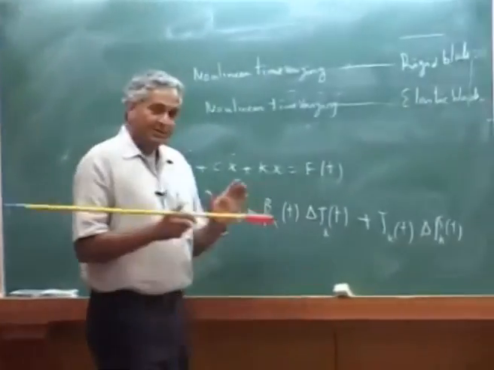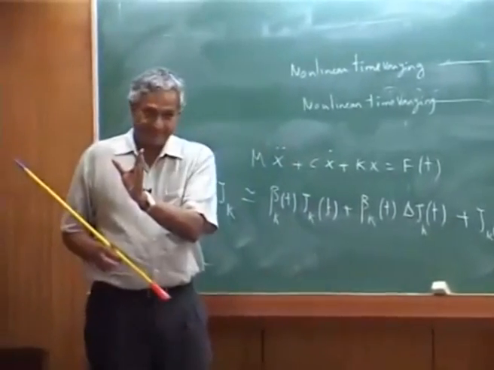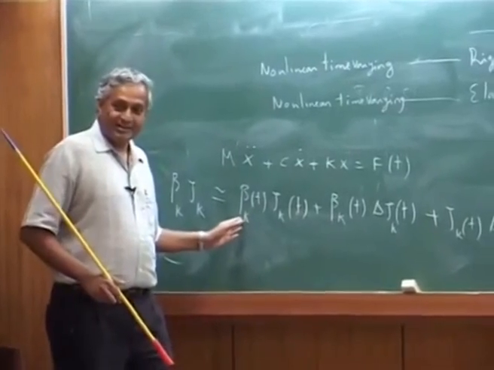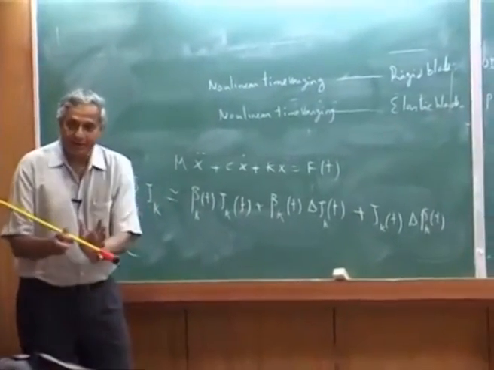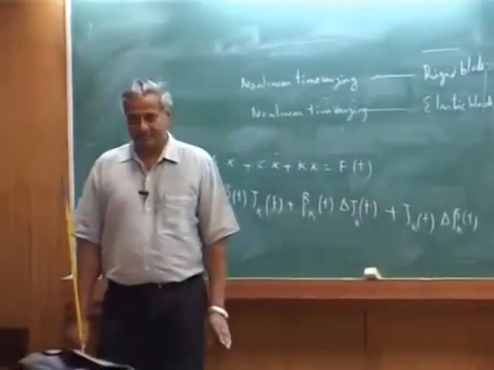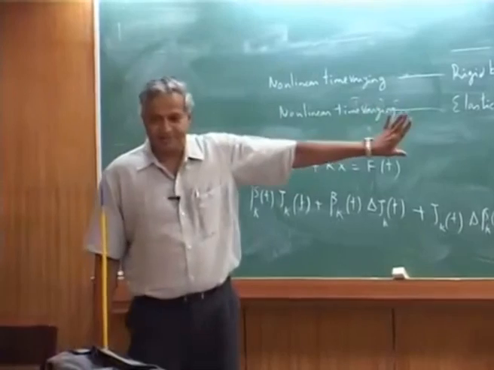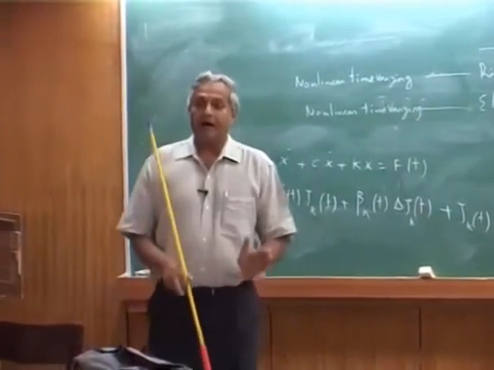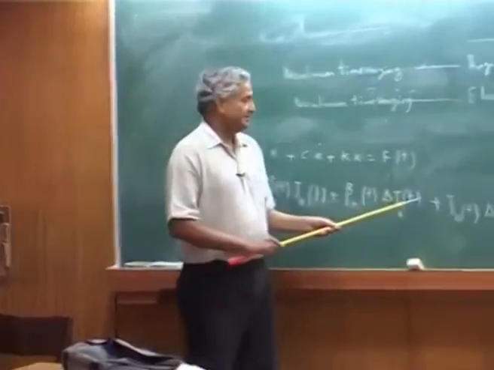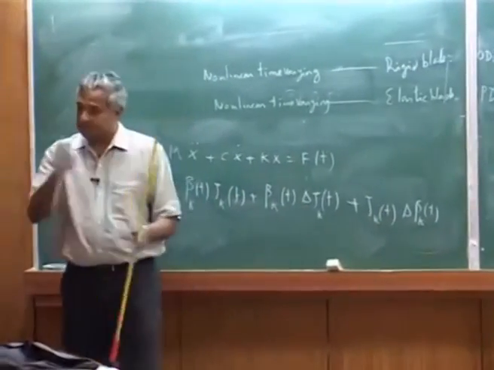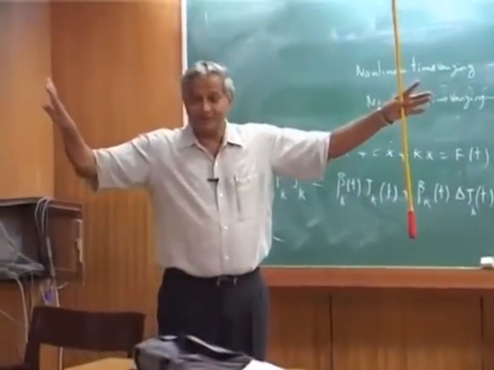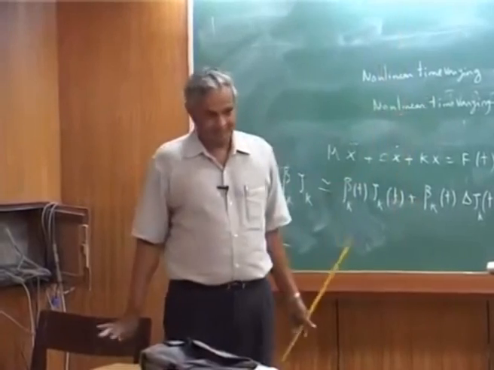Then you collect all the terms which do not have the perturbation quantities. Write that separately. And all the terms which contain the perturbation quantities separately. Set both of them independently to 0.